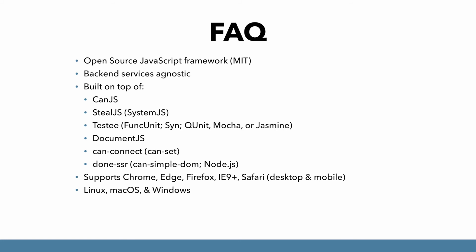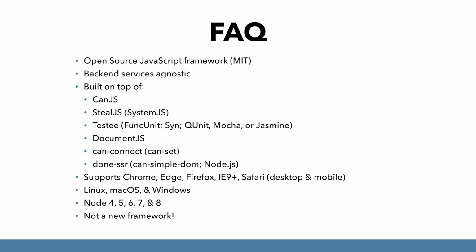And then over the years, in 2012 and later, we started breaking JavaScript MVC into its useful pieces. So CanJS just focused on being an MVVM framework. Steel.js just focused on module loading and bundling, etc. And then we rebranded all of these together, the culmination of all of these projects, into Done.js at the end of 2015.